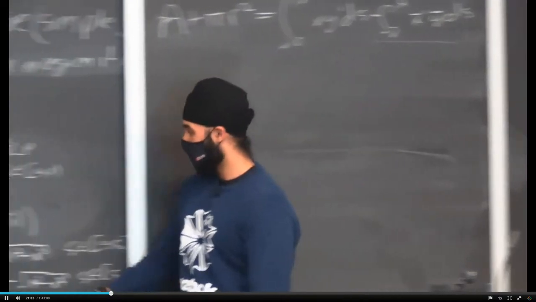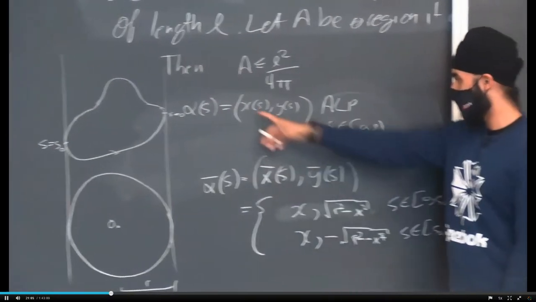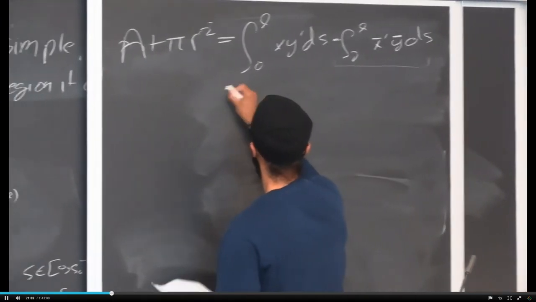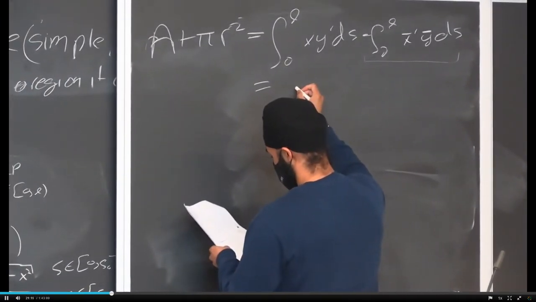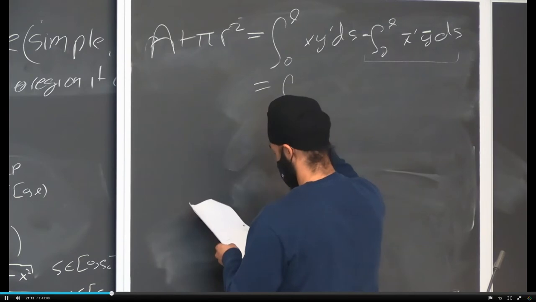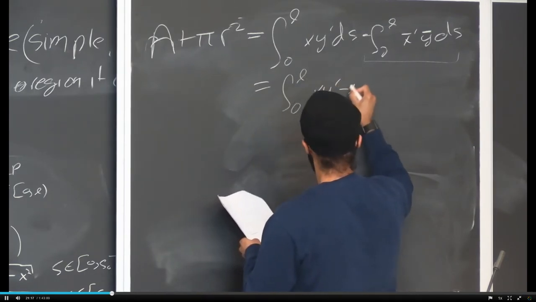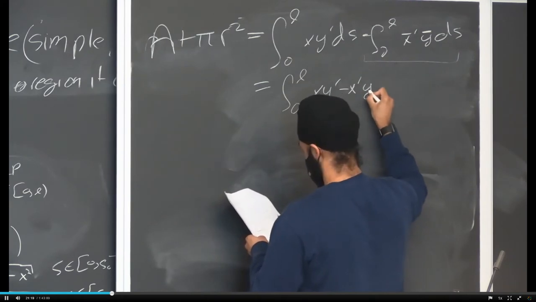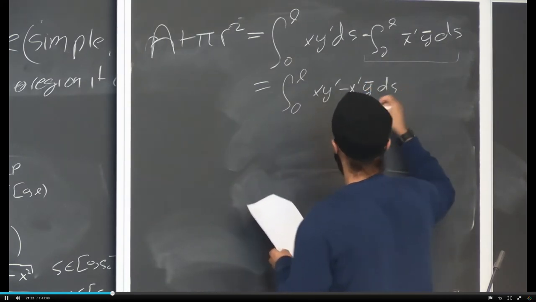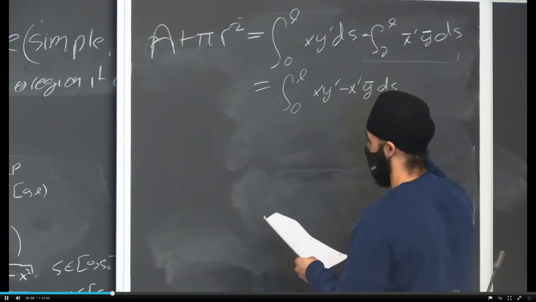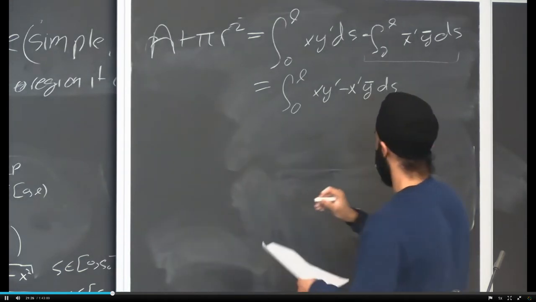Now the interesting thing is that two of these are the exact same. This is this, is this. So we can simplify some of the work here. The bar on the y remains because the y's are different. Clearly, one's above the other one.